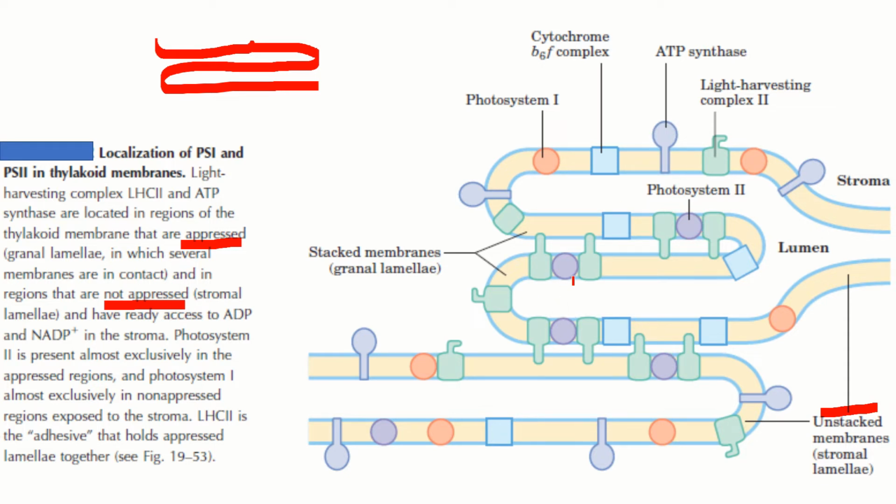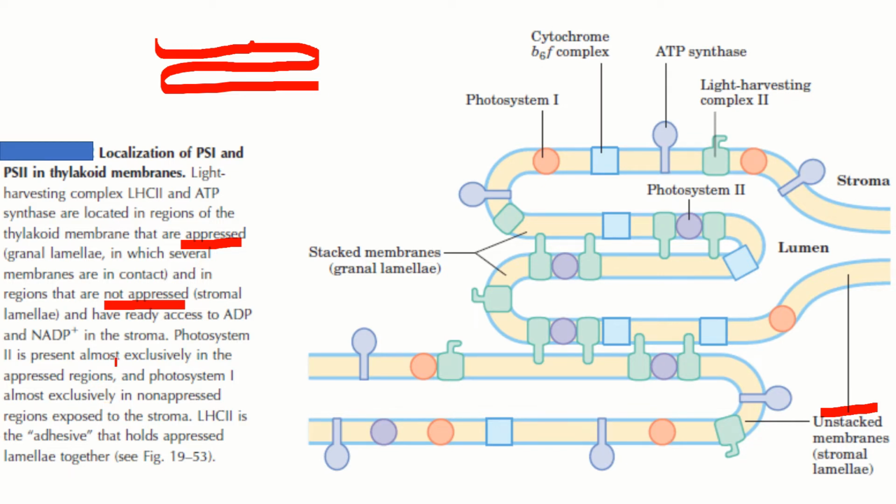All those are located in the appressed regions of the thylakoid, also called grana lamellae, in which several membranes are in contact, and in regions that are not appressed and have easy access to ADP and NADP in the stroma. For what purpose? For this photosystem 2's functioning. Already we found that photosystem 2 is involved in non-cyclic photophosphorylation activities.